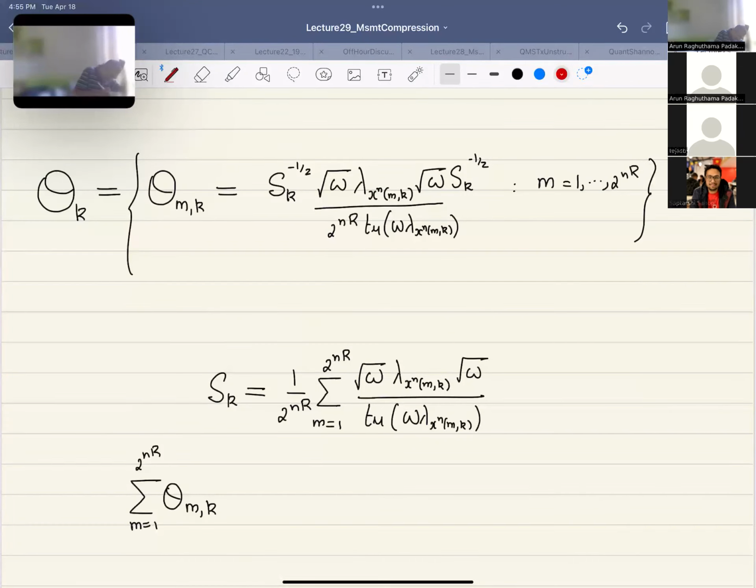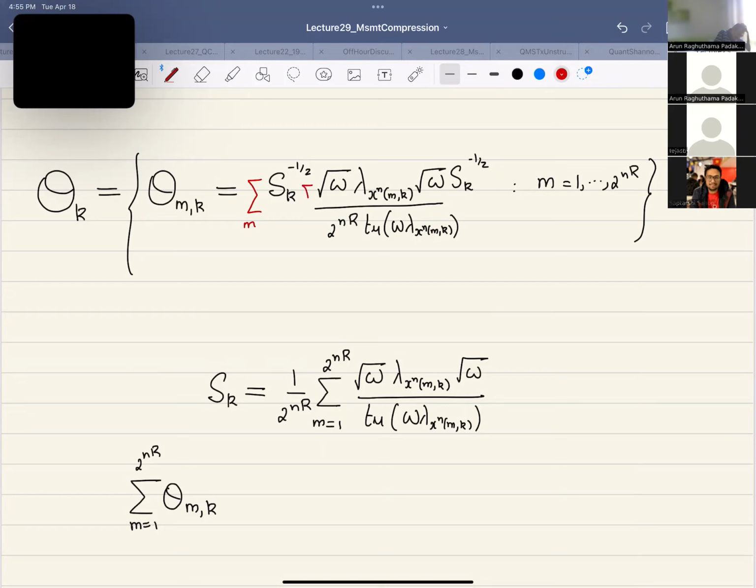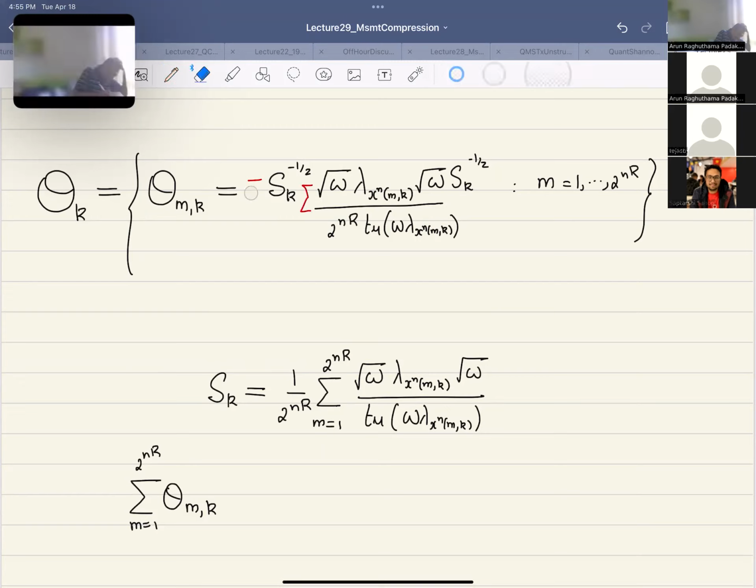If you add theta mk's, you're going to add these over m. So total identity, you should get identity, right? You will add here. This sum over m will go inside because sk doesn't depend on m. You've already added, so you're going to get sk here.